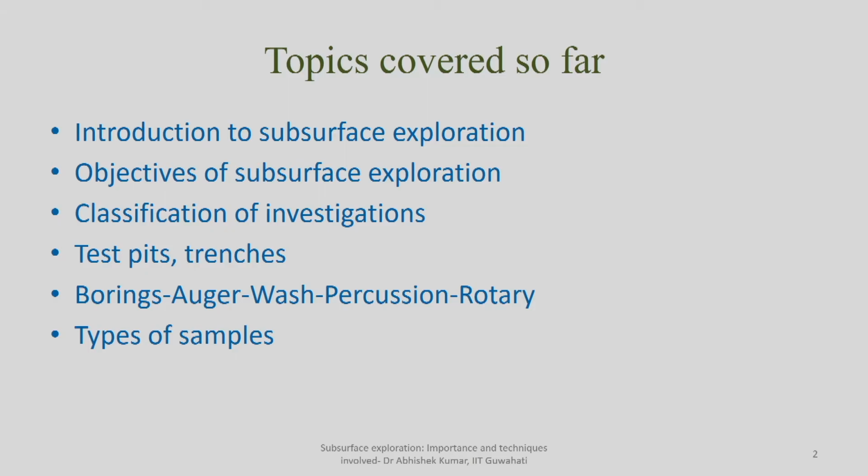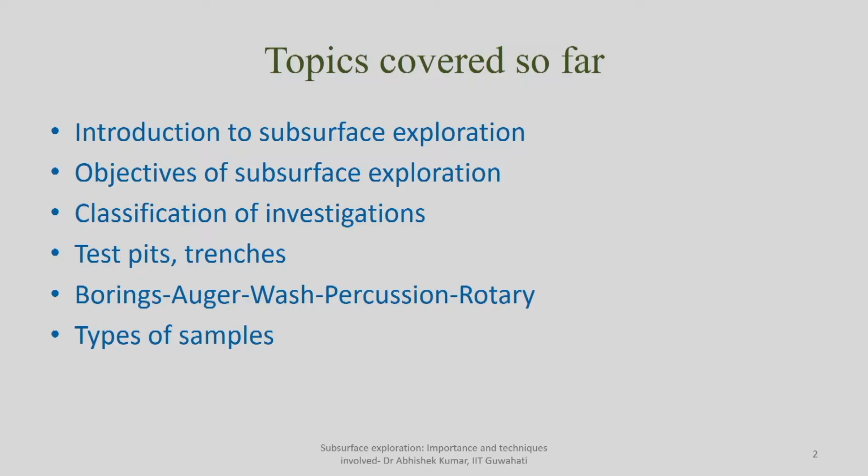Then in the last class we discussed test pits and trial pits, which are shallow investigations, preliminarily used for small structures, or as a guiding tool when going for detailed investigation, like which method to be used, what will be the level of overburden pressure, whether the water table is available at shallower depth, and so forth.